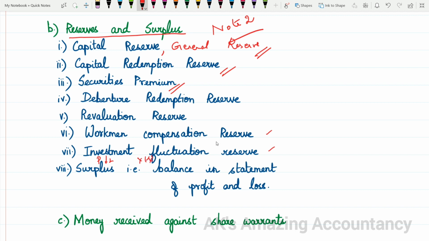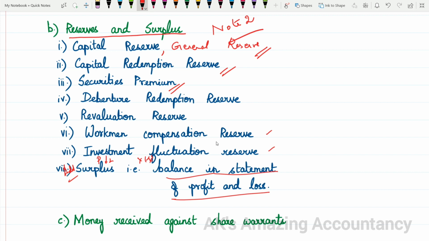With that, you will be adding the surplus, that is the balance in the statement of profit and loss. See, before preparing the balance sheet, you will be preparing the statement of profit and loss. In the statement of profit and loss, you will be getting an answer which is called the profit, isn't it?